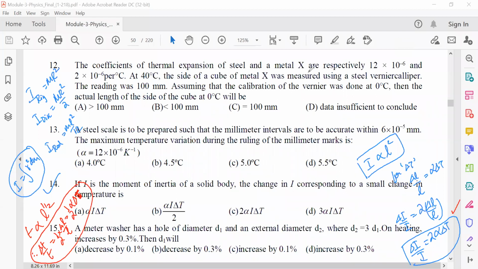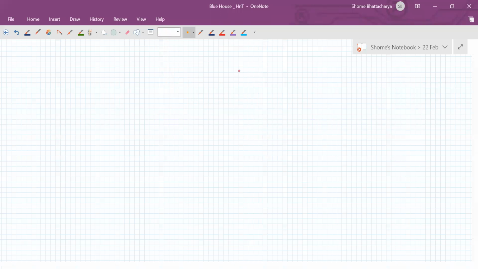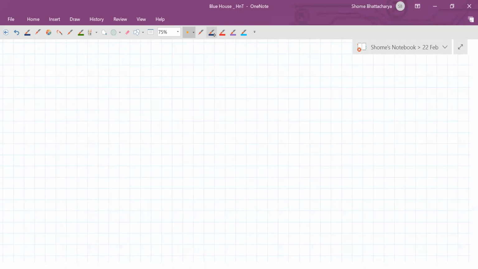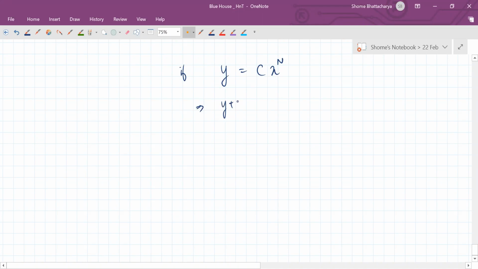No, we didn't differentiate. We're just using the concept of errors. I'll explain that again. If y is equal to some constant c into x to the power n, then y plus delta y is equal to c into x plus delta x to the power n.